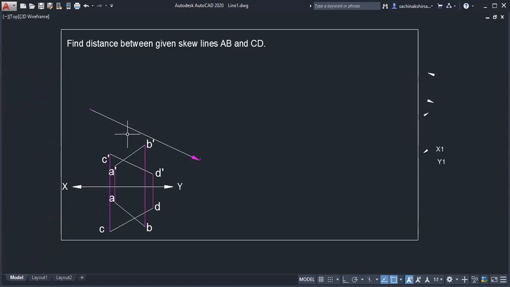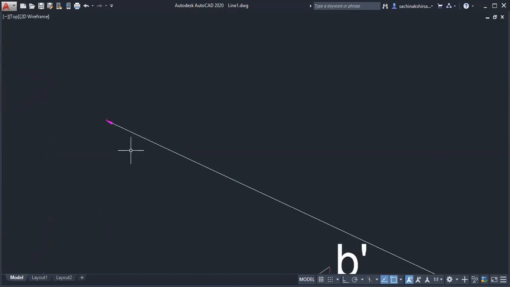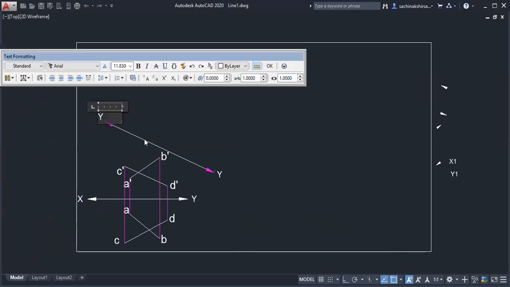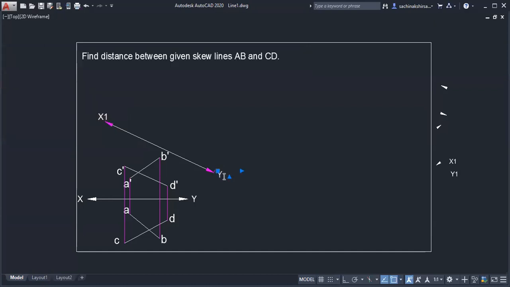So we also have to remember this concept. I will give the name X1 Y1.